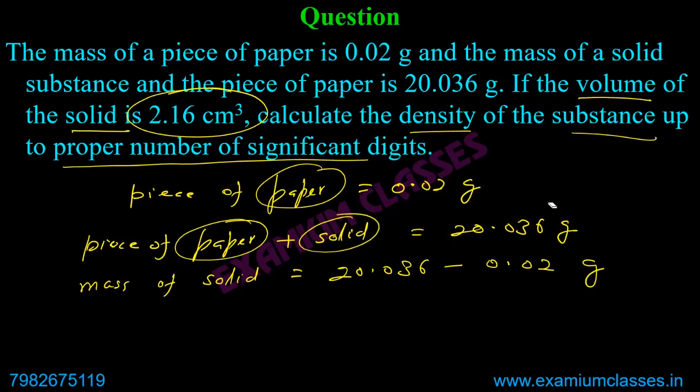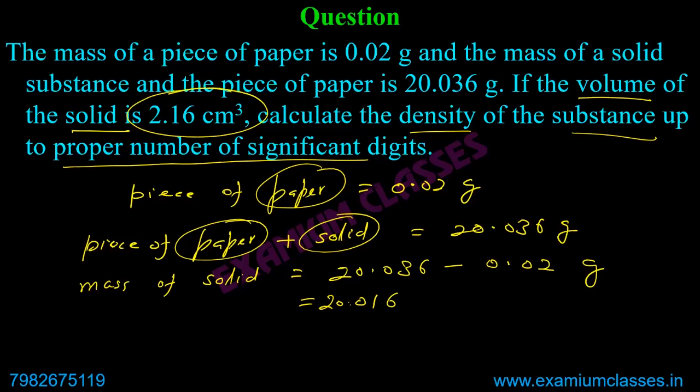So if you subtract the weight of paper, you will get the mass of solid. And here is the catch. When you solve this one, you will get 63120.016. Okay, this is what you will get. But this is not the correct calculation.